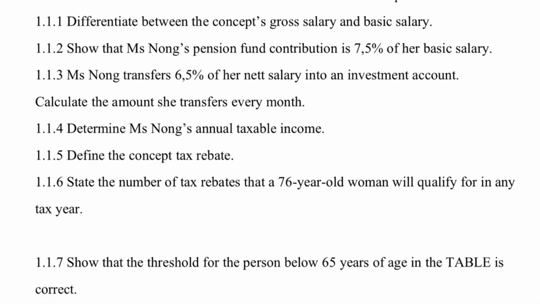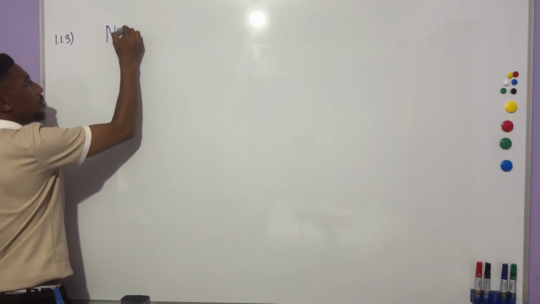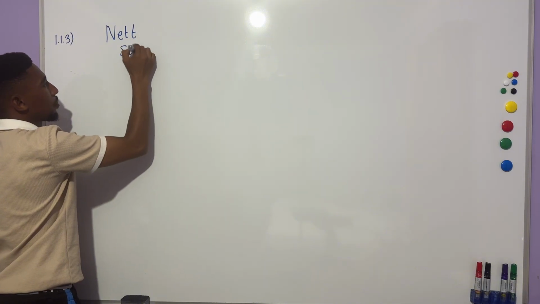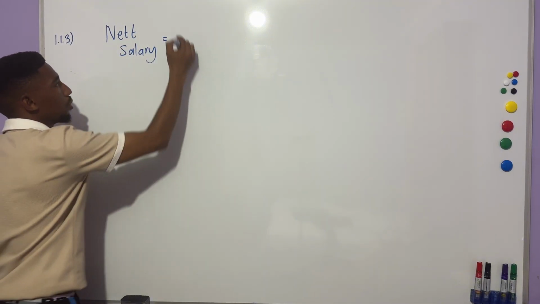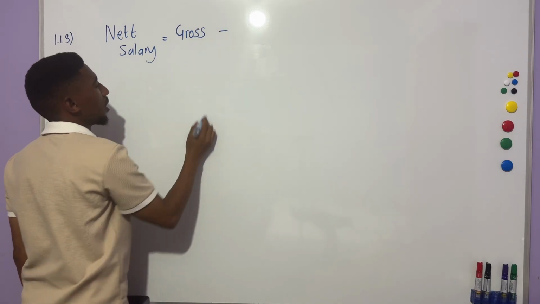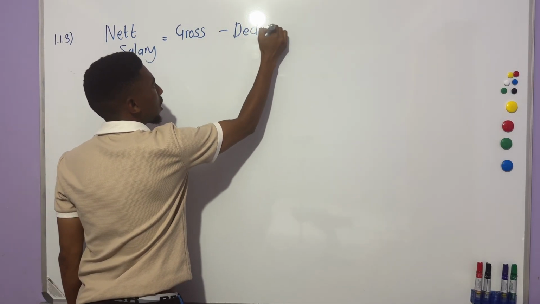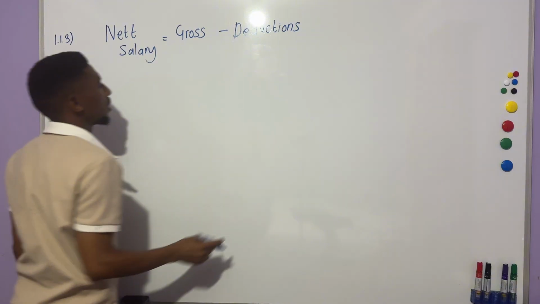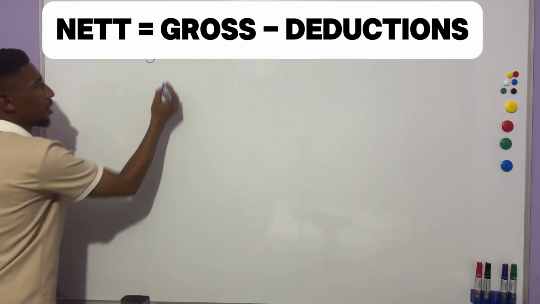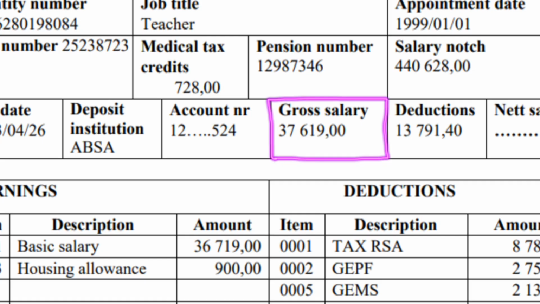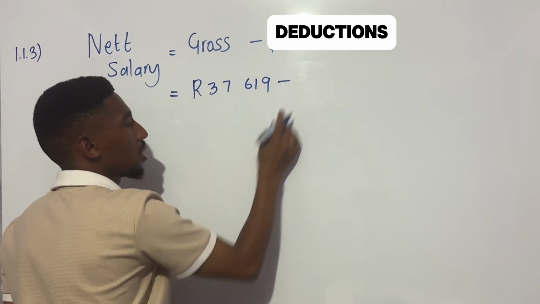1.1.3, Ms. Nong transfers 6.5% of her net salary into an investment account. So for us to find our net salary, we know that the net salary is equal to the gross salary minus all the deductions. We have our gross salary, which is 37,619 minus our deductions.